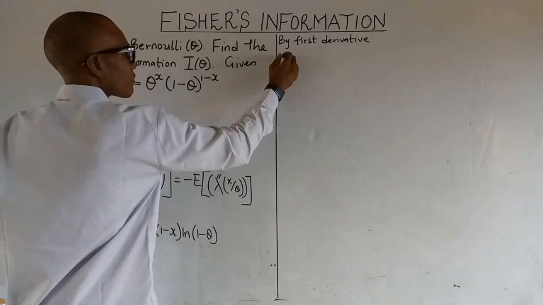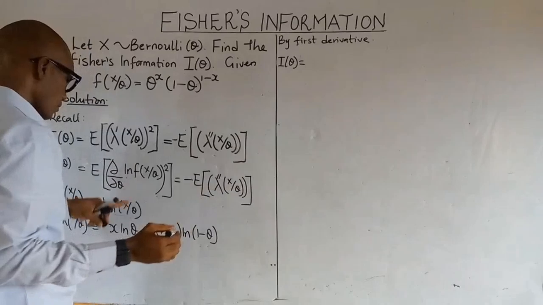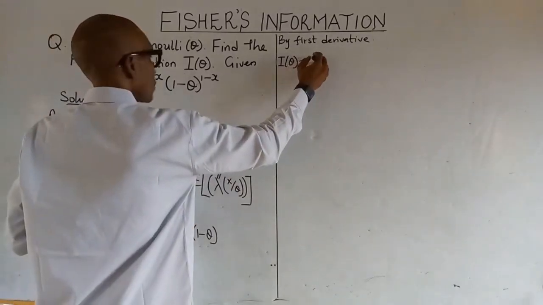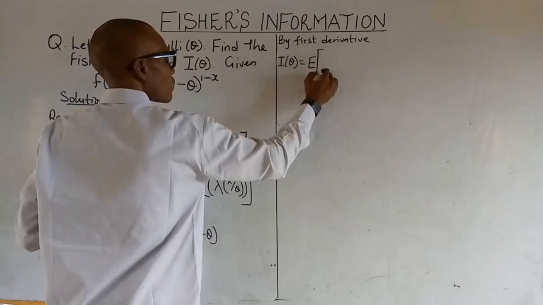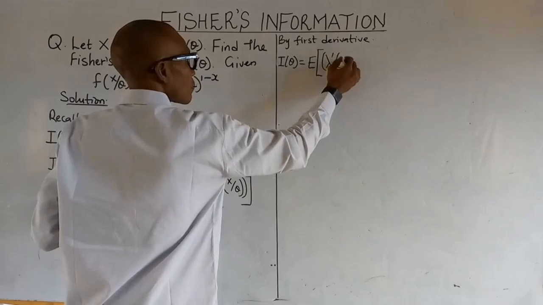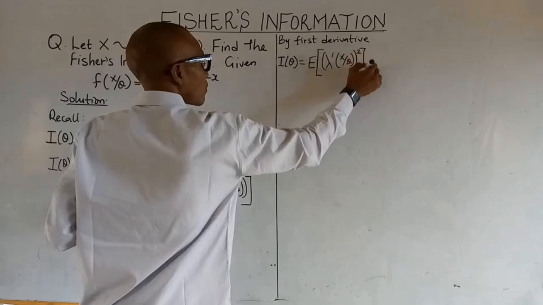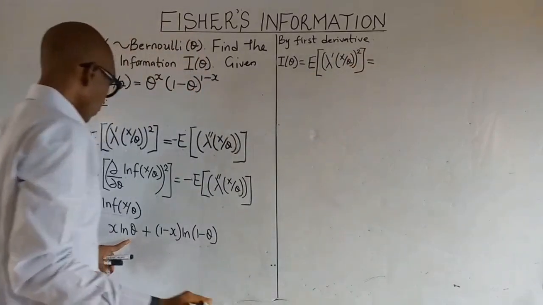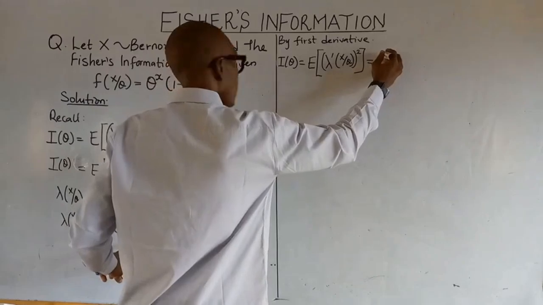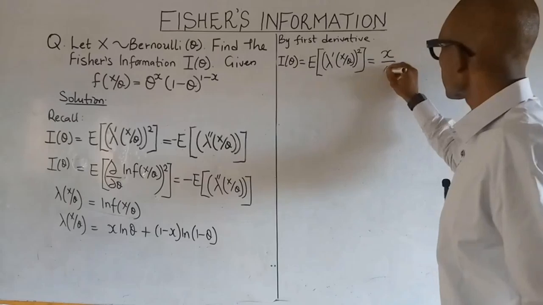We have the expected value of, to differentiate this, we get x all over theta.